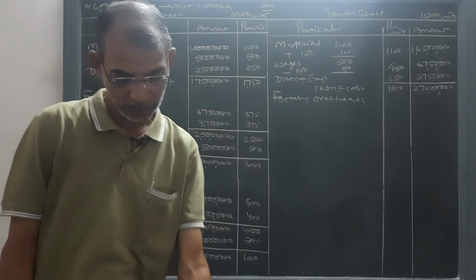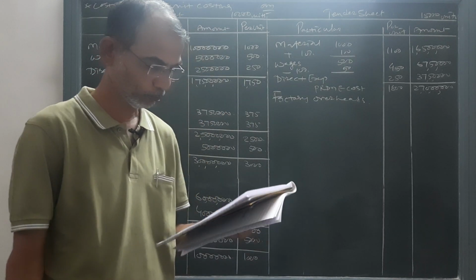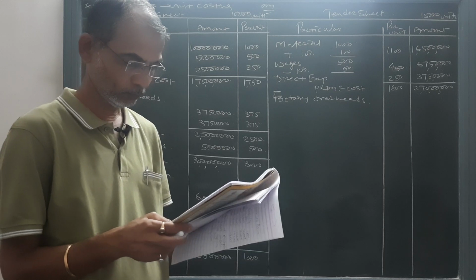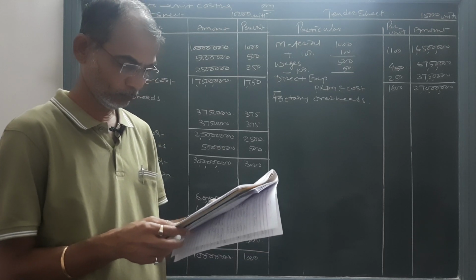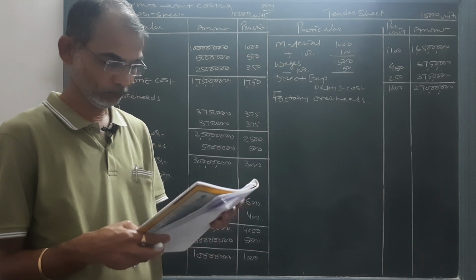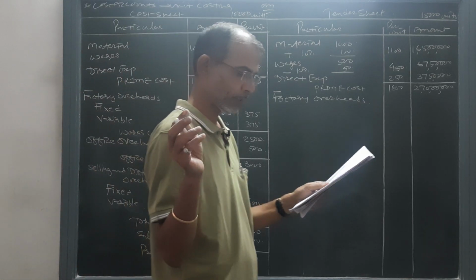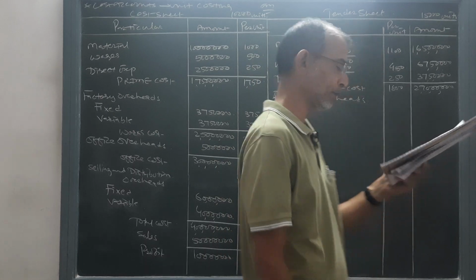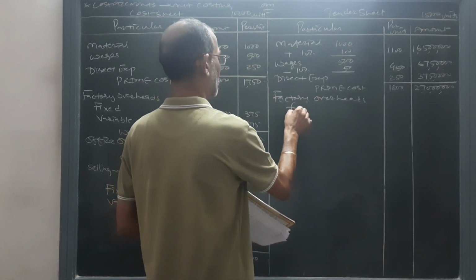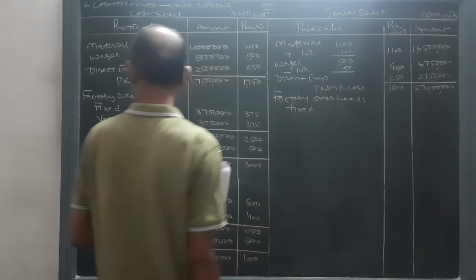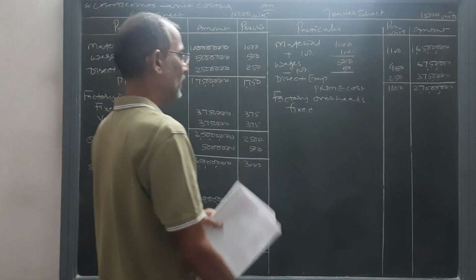Is anything being said? Nothing has been said for factory overhead, so fixed will remain as it is. Fixed were 37 lakh 50,000.